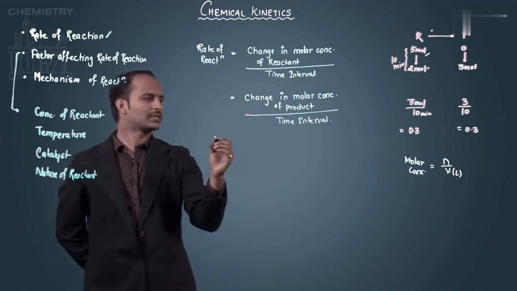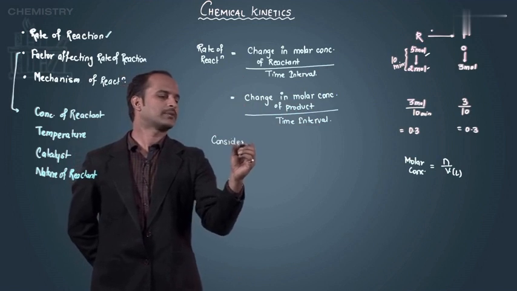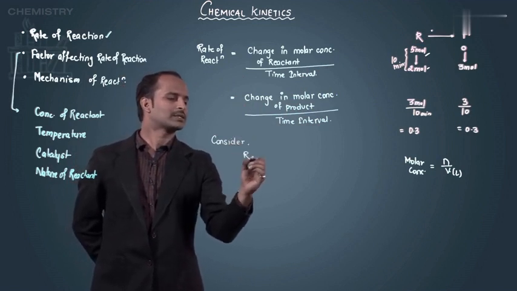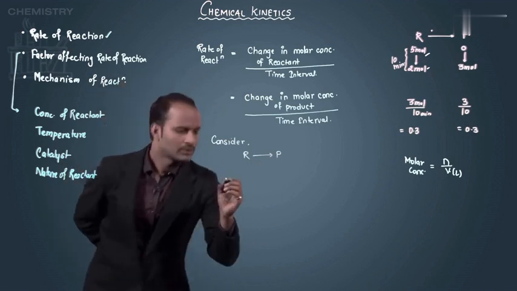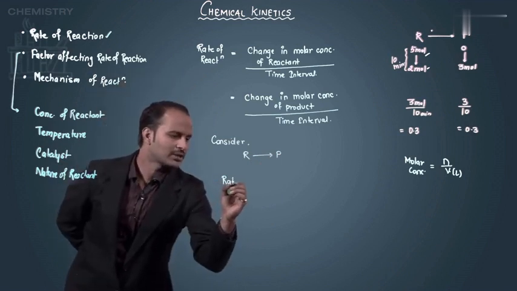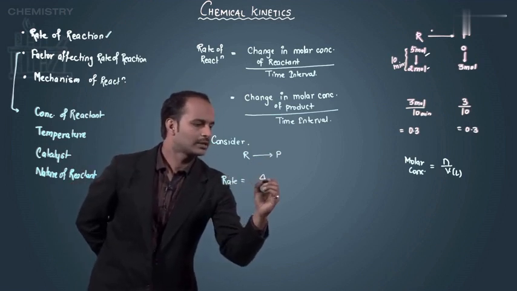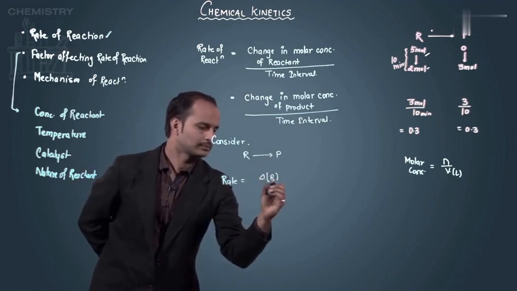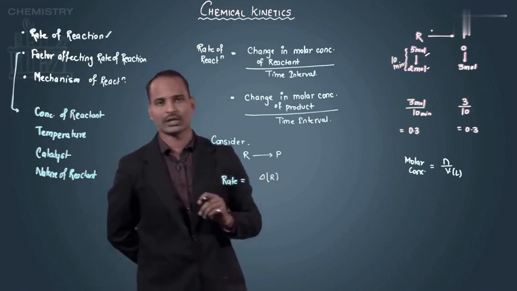So this is the formula. Suppose there is a reaction, consider the same reaction which I had written over there. Reactant gives product, and I just want to write the rate of reaction. So rate of reaction in short is just written as rate. It is equal to change in concentration of reactant, delta [R]. Delta means change, and the square bracket stands for the molar concentration.